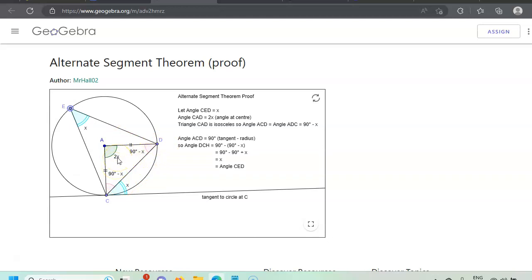And considering the relationship between the inscribed angle and the central angle, where the inscribed angle is always 1/2 of the central angle, then we can say that the inscribed angle is equal to x, because 2x divided by 2 is x. So we have two algebra there. All right, so we just have shown again that the angle formed with the chord CD and the tangent line is always equal to the angle at the alternate segment.